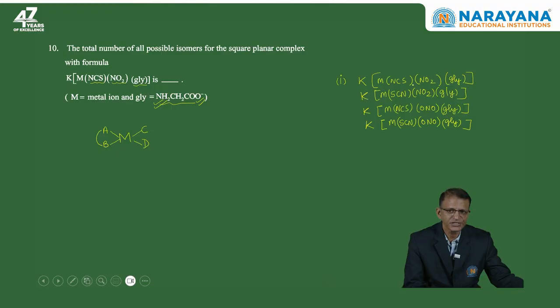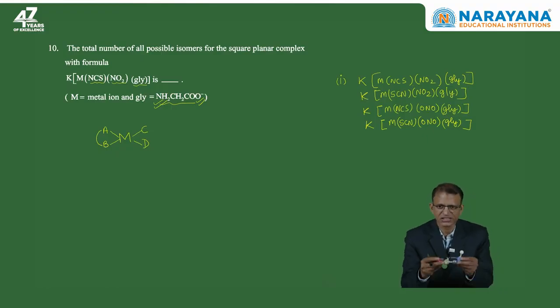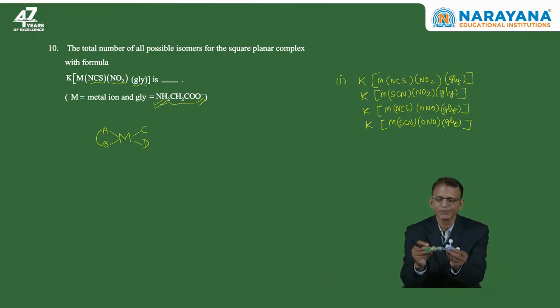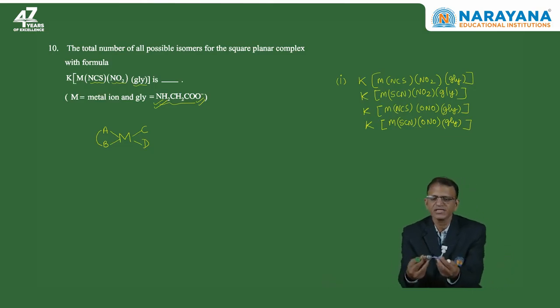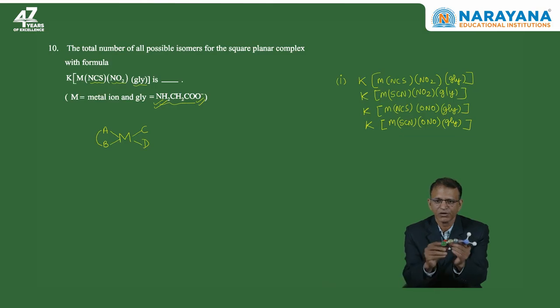Now we are discussing the geometrical isomerism in each, because if you see all these 4 structures, they are square planar, right? In this square planar geometry, you can see that this yellow ball is acting like the central atom, and this is the bidentate ligand, and this is the CH2 group where two hydrogen atoms are there.